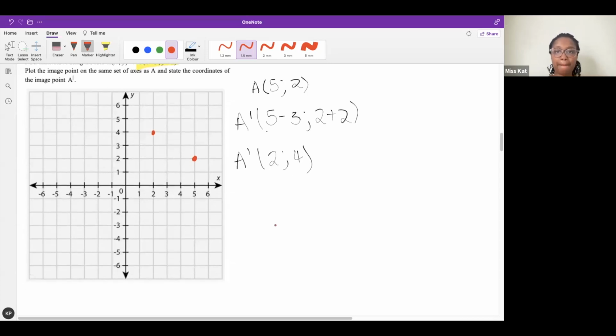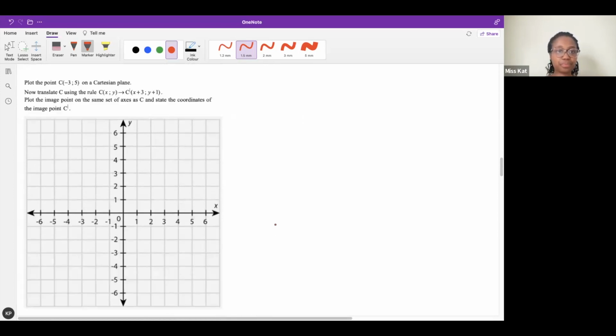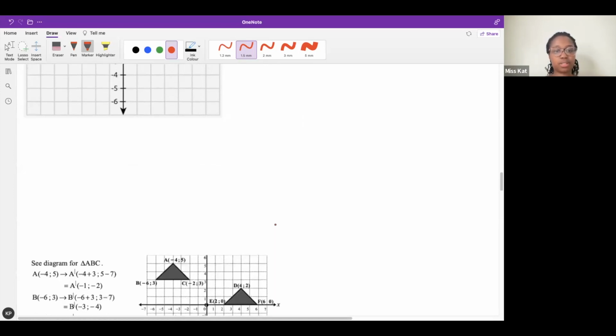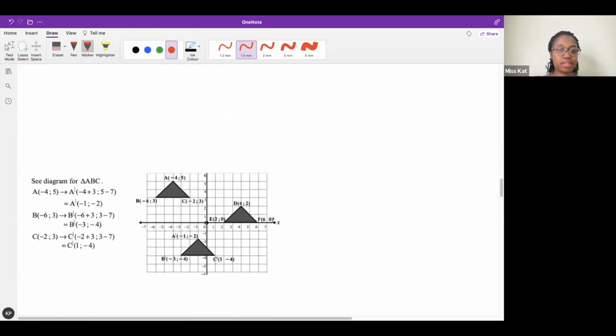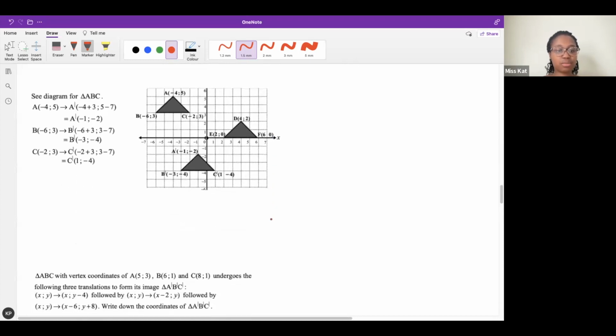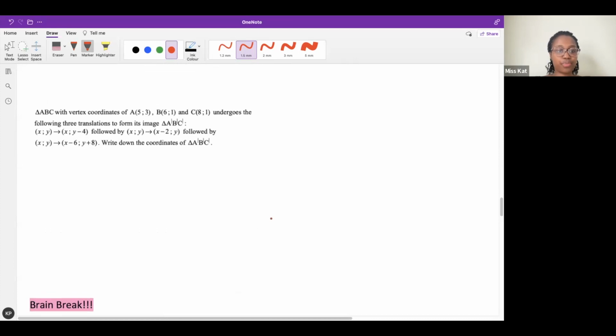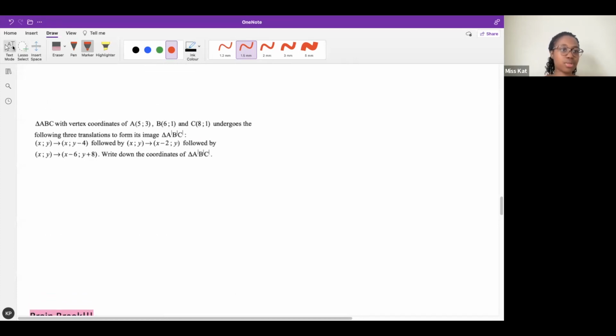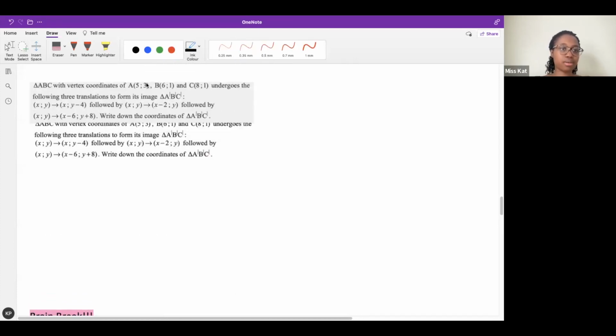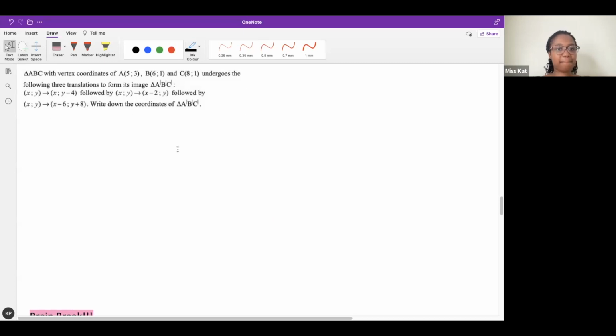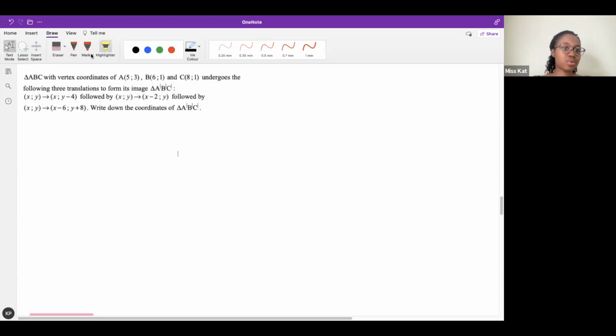Okay. This one, nope, it's the same thing. And this is just a further explanation of moving shapes. Now, let's do this one question before our brain break.